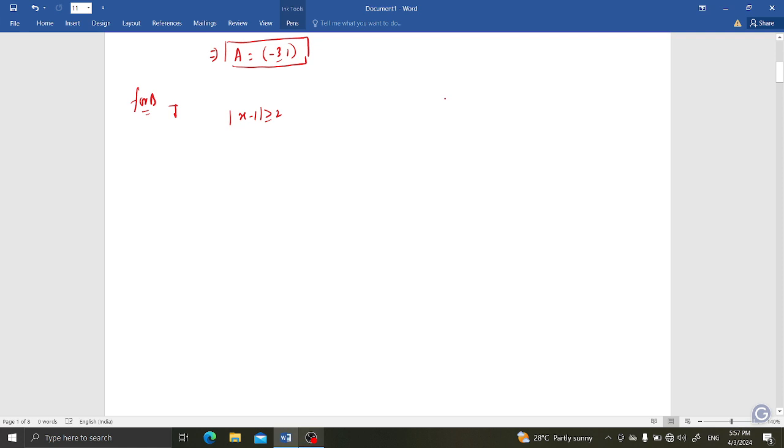And one more thing I need to recall here again: if you have mod of f of x greater than or equal to some real number a, then it means that f of x has to be in between minus infinity to minus a, or a to infinity. Clear? I think you understand this thing.